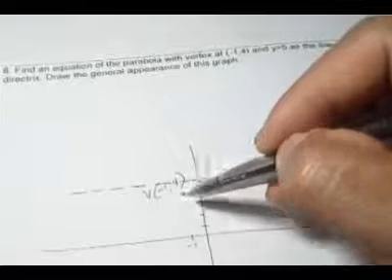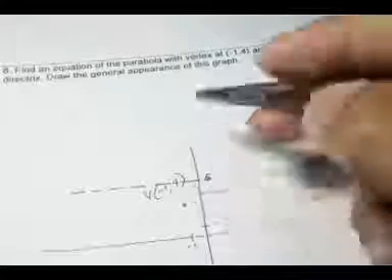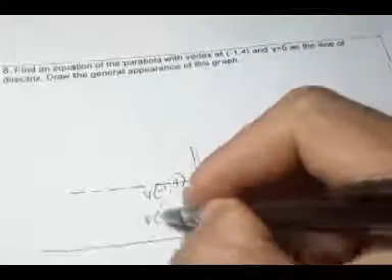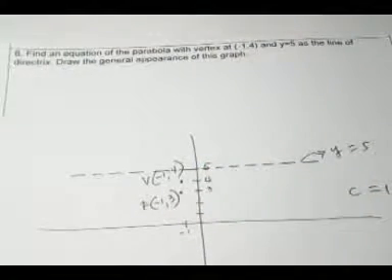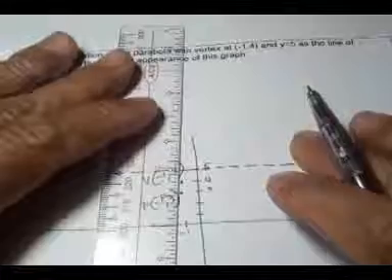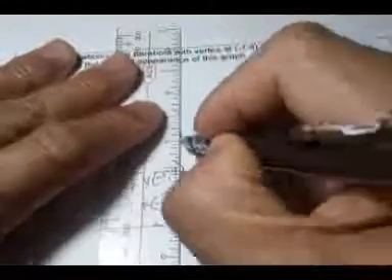So below it, this is the focus. F equals negative 1, 3, and our axis of symmetry is a line passing through the focus and vertex.